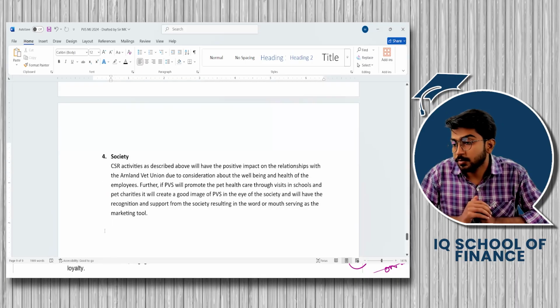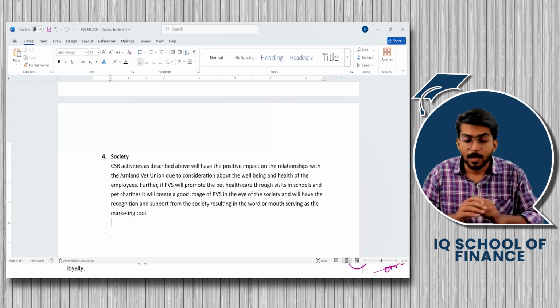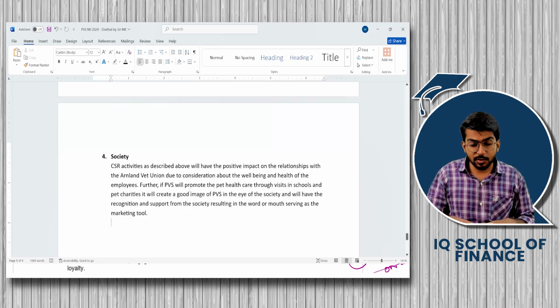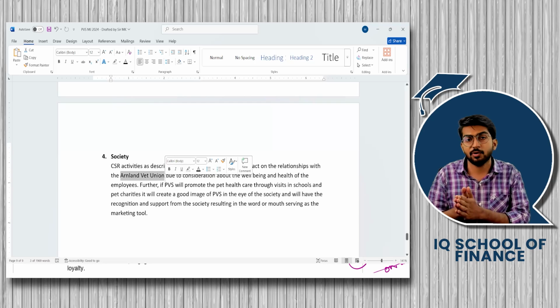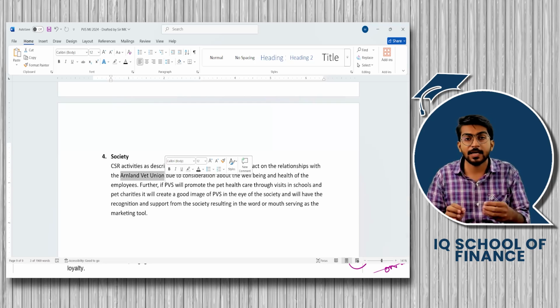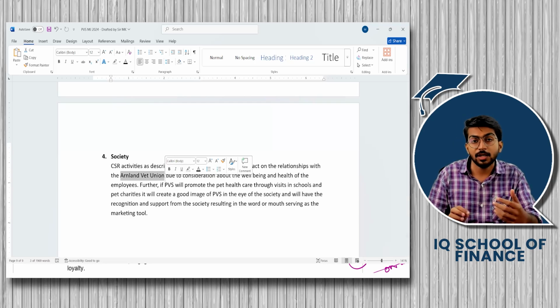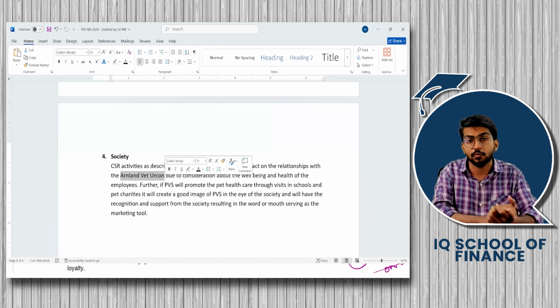Sorry, I missed the initial discussion on how to think for society, as we already covered how CSR is beneficial to customers, suppliers and employees. See, Pooja, for the society aspect, there are two things. The Ireland Vet Union, okay. Number one thing is that the direct impact would be on the employees. And the number two impact is on the relations with the union.